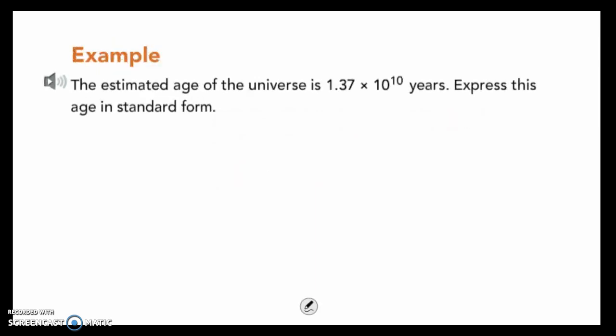All right, now we're going to practice taking a number that is written in scientific notation and writing it in standard form. Remember, the exponent tells you how many places to move your decimal.